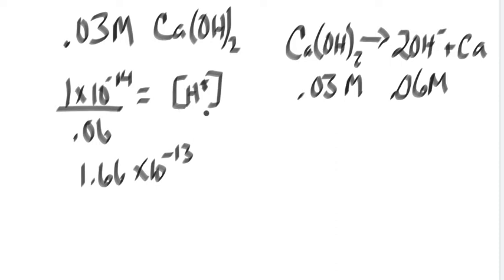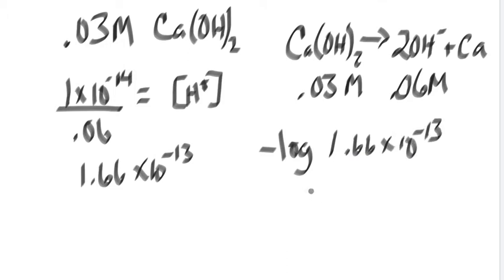So a really tiny amount of hydrogen ions in there. Even though this is a base, there's still a tiny, tiny amount of hydrogen ions in there, but a really tiny amount. Okay. So now to figure pH, we just take the negative log of 1.66 times 10 to the negative 13th.